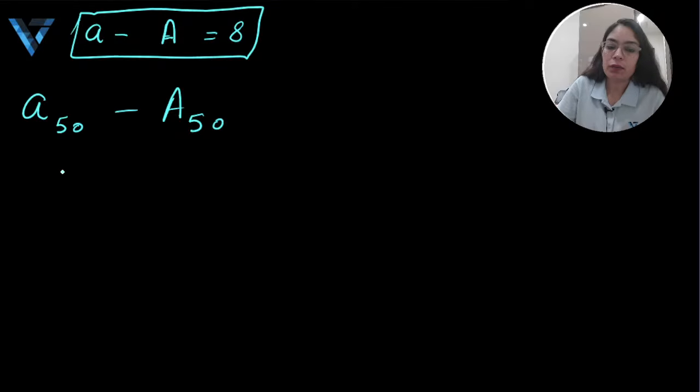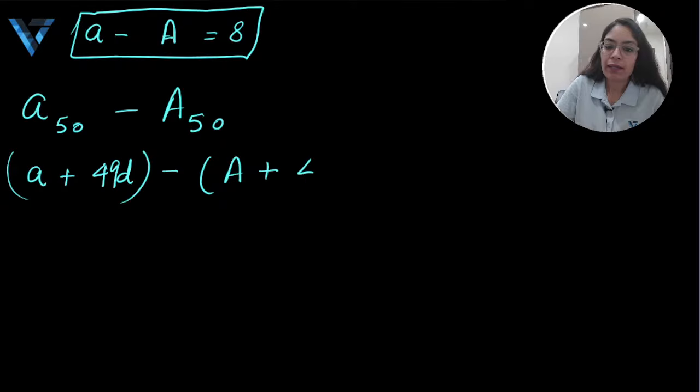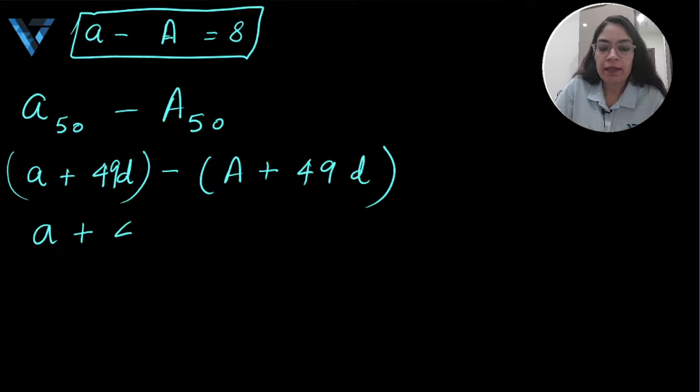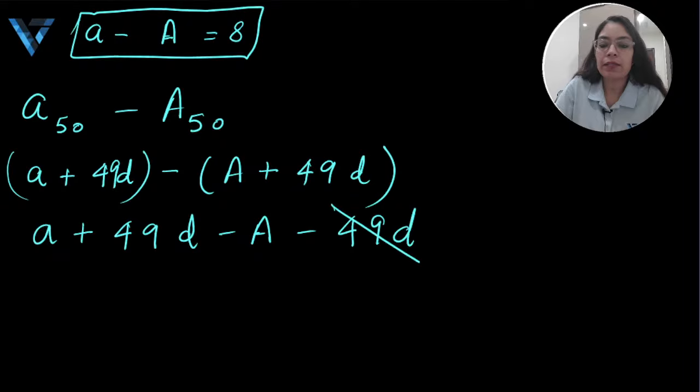So we can substitute once again. The 50th term I can write as a plus 49d, and here also minus A plus 49d, because the difference is the same. So a plus 49d minus A, here also minus 49d because of the minus multiplication, so minus 49d and plus 49d will get cancelled.